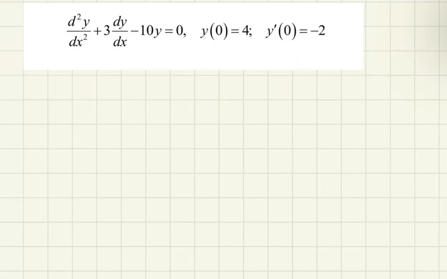So we have when x equal to 0, y equal to 4. When x equal to 0, y prime equal to minus 2. So there are two values for the IVP. We need two values to compute the constants of integration a and b. So that's why we have two values of IVP. Okay, first transform this equation into the characteristic equation.